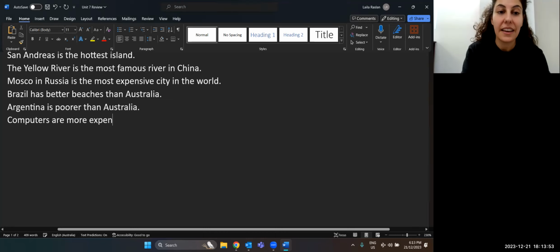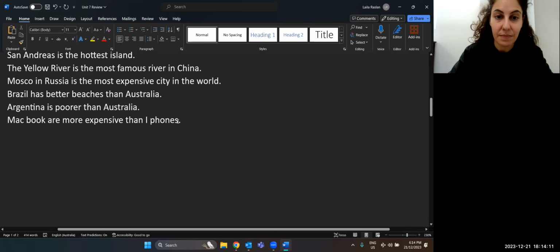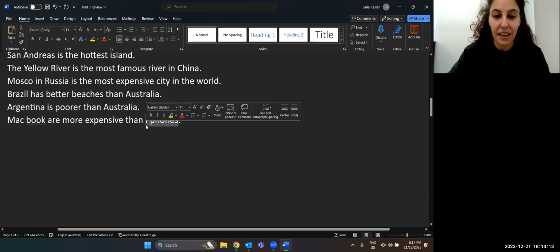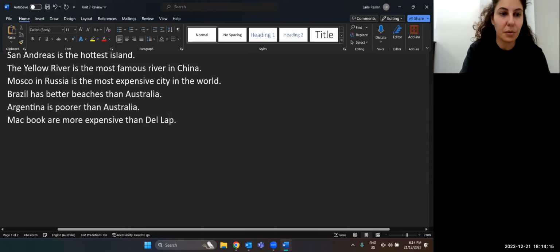Computers are more... MacBooks are more expensive than what? iPhones. So MacBooks are more expensive than iPhones. Or maybe than Dell laptops, because MacBook is a laptop. So I might keep the same objects, like laptops.